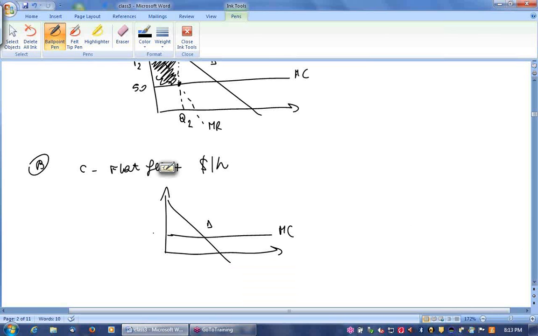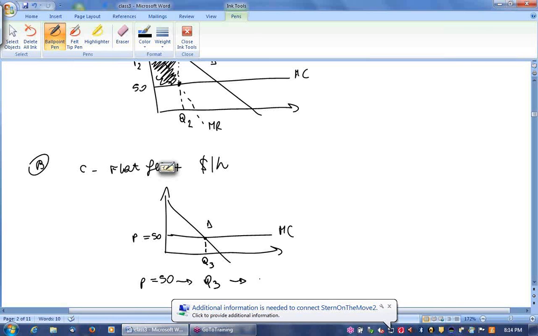So that 50 would be also the price per hour. If the price per hour is 50, then how many hours would the household like to use the service? We find the demand that corresponds to the price of 50, that is Q3, and is this point.